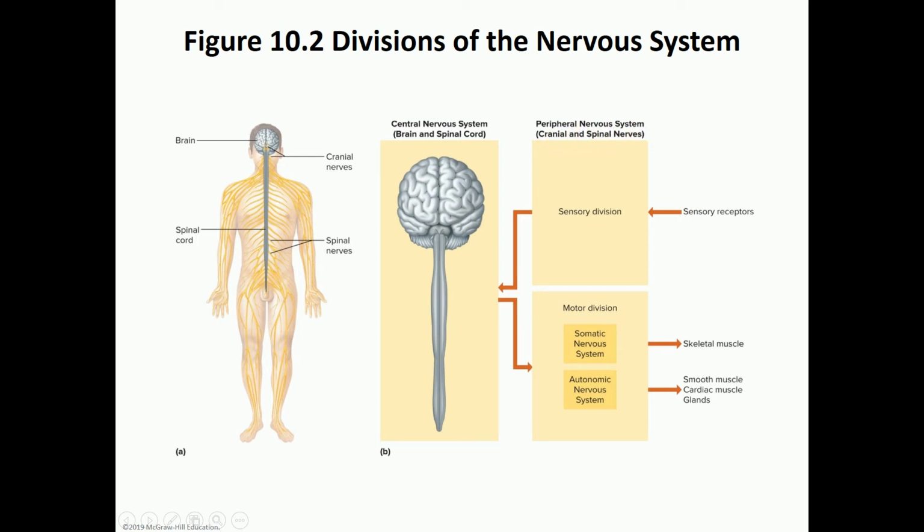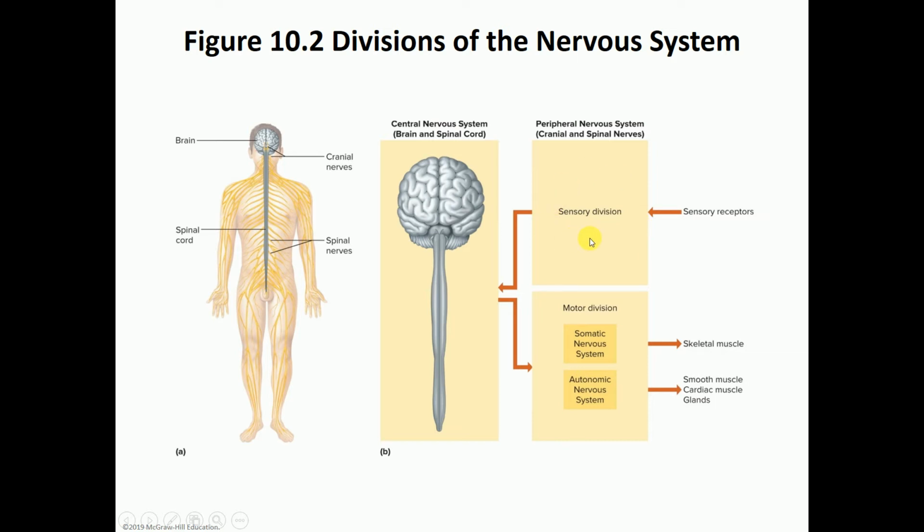If we categorize the peripheral nervous system according to function, so remember that was your anatomical or structural classification. But when we classify the peripheral nervous system according to their function, we have a sensory or afferent division.